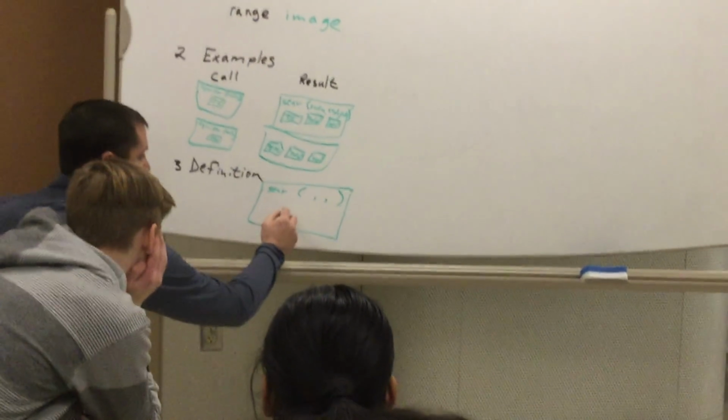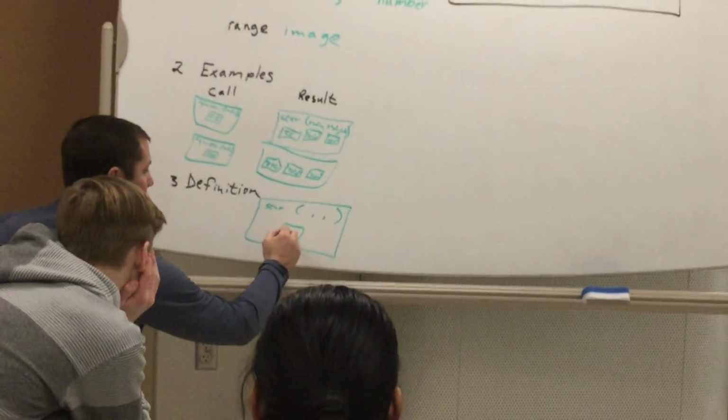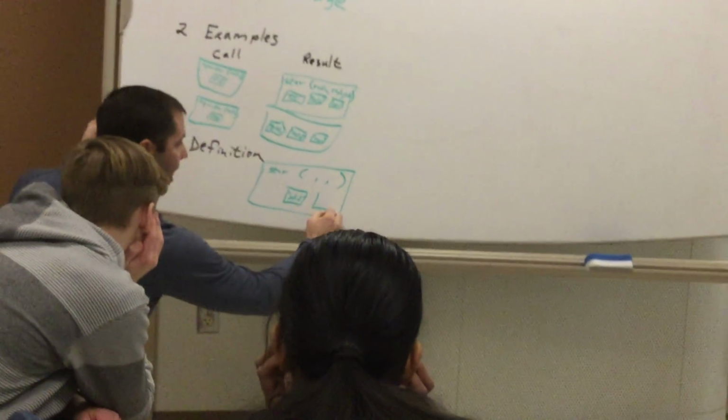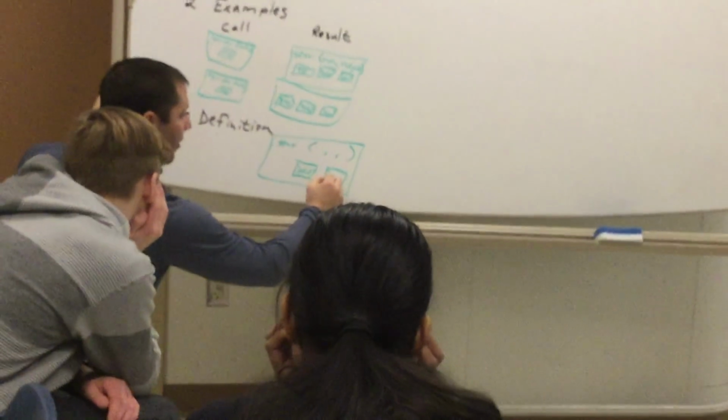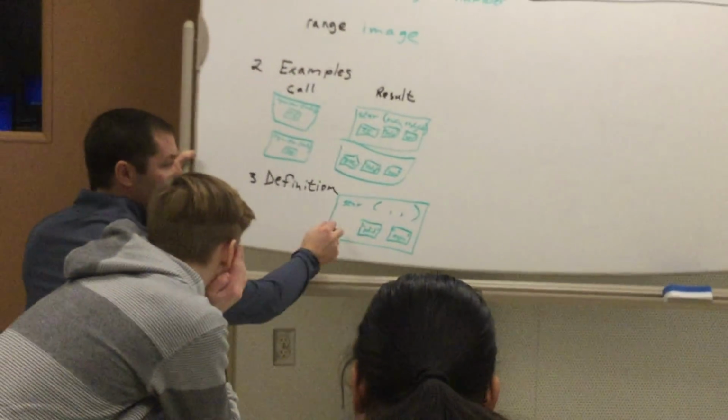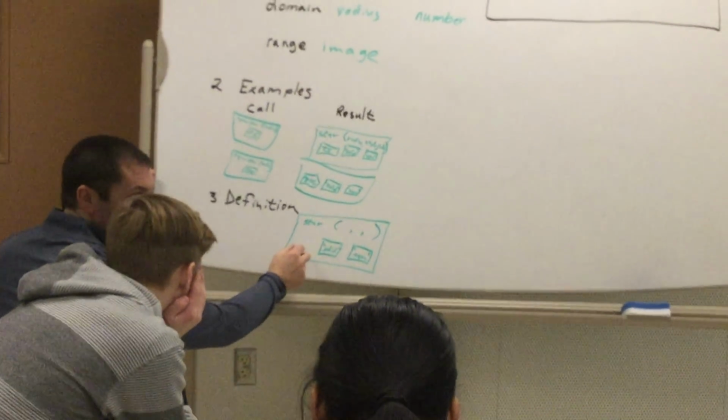Okay? And we have to be solid, and we have to be aqua. That's not going to change in our function. What is going to change is the radius that we're going to put in here, okay?